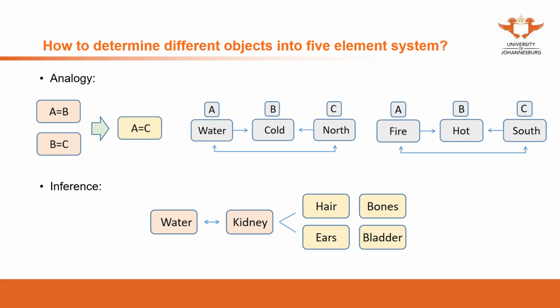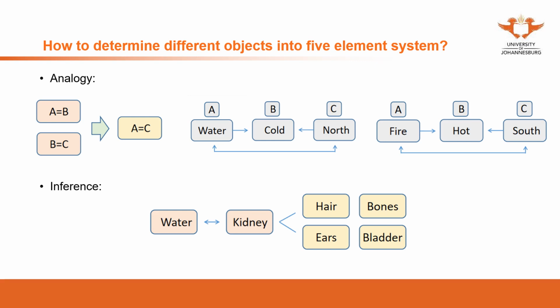How to determine different objects into the five element systems. We actually mentioned this just now: in the southern part it's hotter, and the fire is hot.